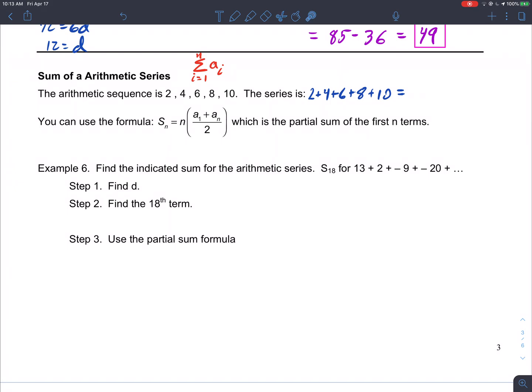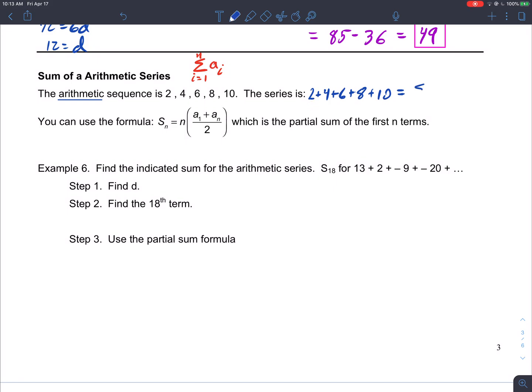So if I wanted to add up the terms of this series, first of all, let's recognize that it is arithmetic, because in order to get to the next term, all you're doing is adding 2. So you're adding the same value every time. That value 2 is what we call the common difference, right? So if I add 2 and get 4, 6, 8, 10, and I stop with 10, clearly 10 is the fifth term, 1, 2, 3, 4, 5, and 2 is the first term.